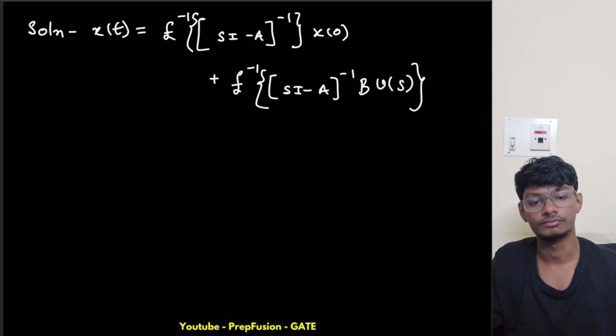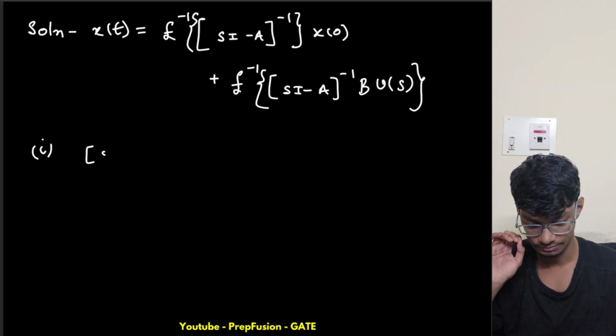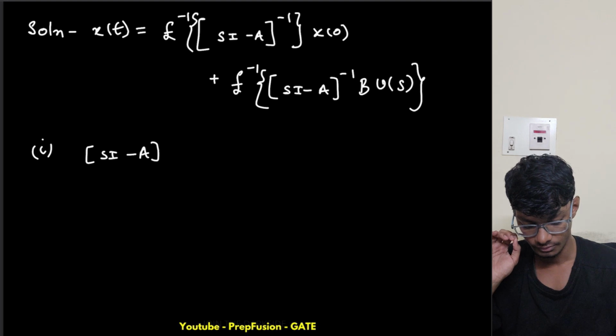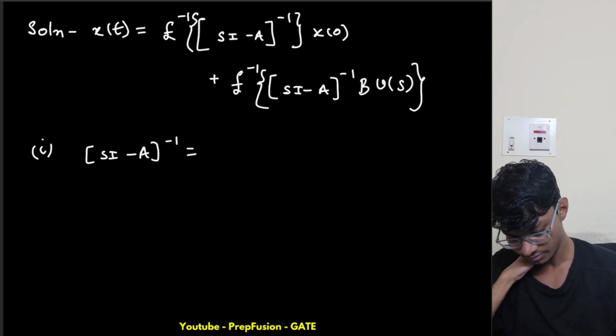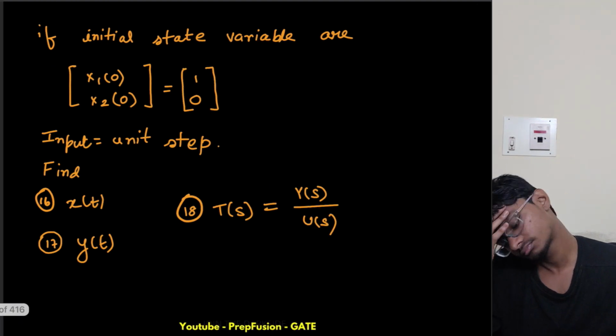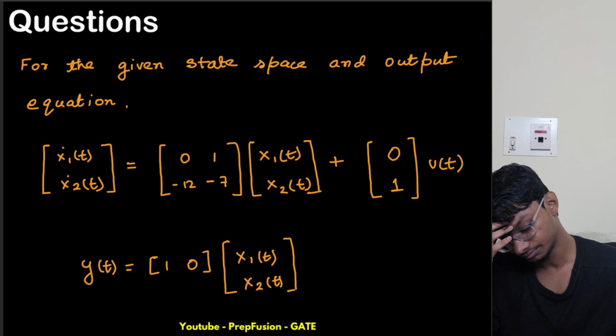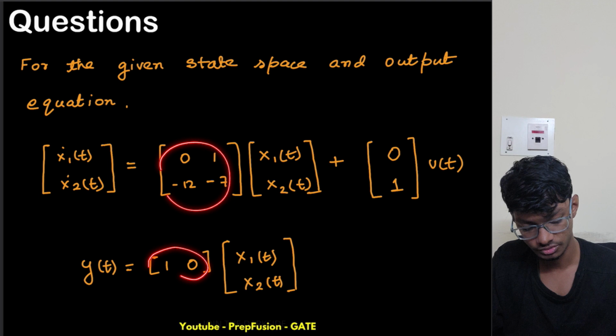So what should you do? First, you should find the (sI minus A) inverse. So how to find the (sI minus A) inverse? Again you can use the short trick here also.